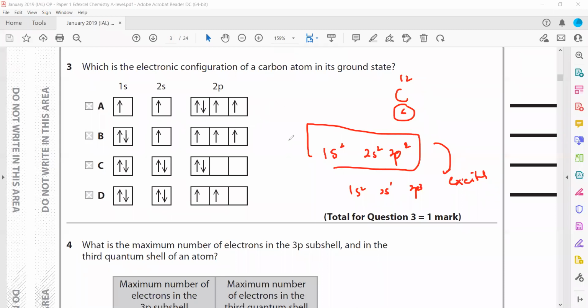When the two electrons occupy the p orbitals, electrons occupy each orbital singly first. So 2px will have 1 electron, and 2py will also have 1 electron. That's why for question 3, D is the right answer.